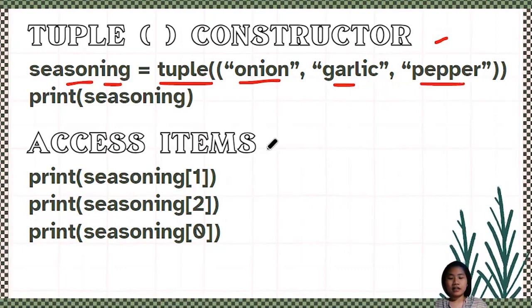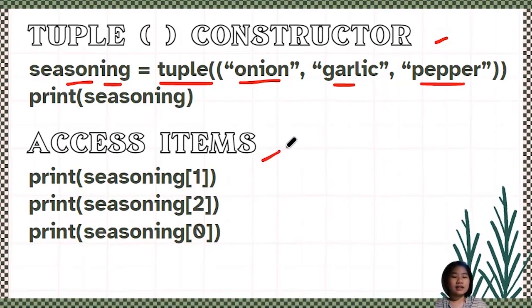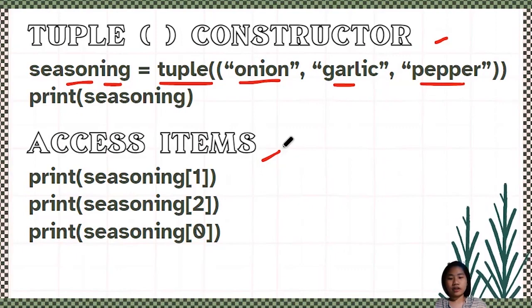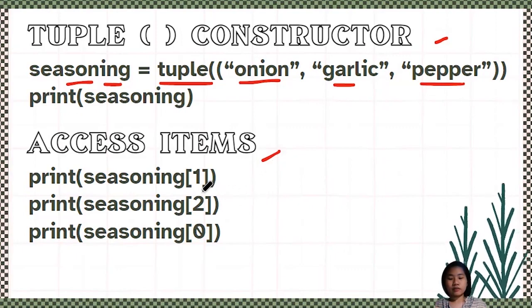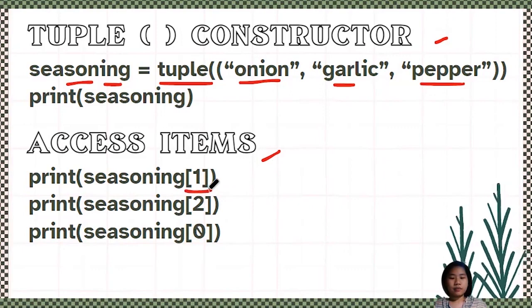Okay. And next up, with accessing items, you can access items very much similarly to how you would access if it was a list, if it was a string for that matter. You just simply use the index with these sets of parentheses.